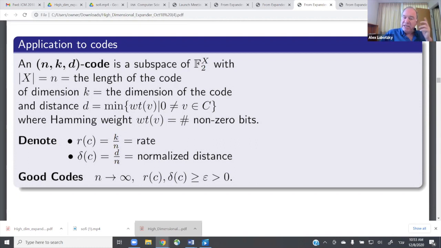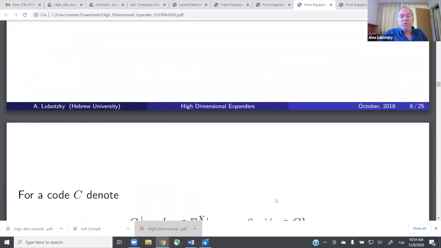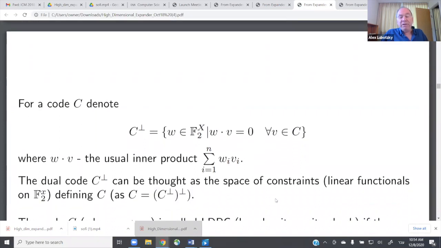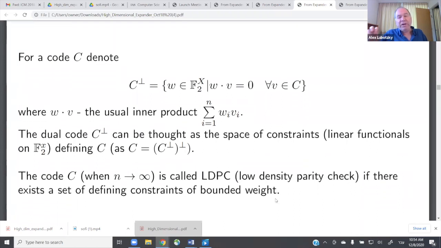And the classical notation or names, going back to Shannon: good codes, or asymptotically good codes, is a family of codes where, when n goes to infinity, the rate and the distance are both bounded away from 0. So Shannon proved by the random method that such codes exist, and ever since then it was a problem to find good codes with an explicit construction, and sometimes with other properties which are needed in real life.